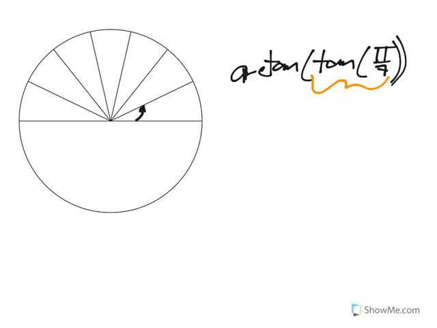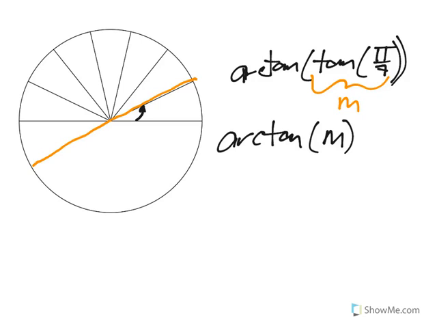This is just the slope of this line here. So let me call that m for the moment. And we're trying to figure out the arctan of that number, whatever it is. It looks kind of small. It's definitely less than 1. It's positive, things like that.